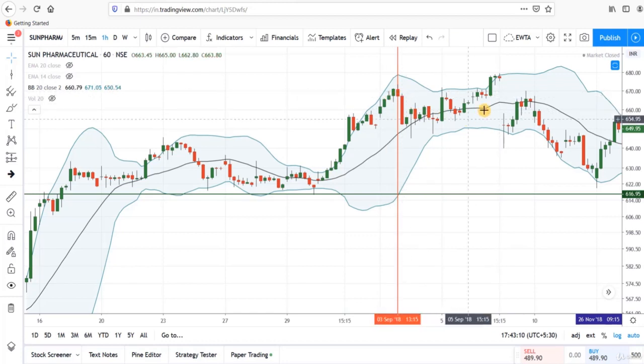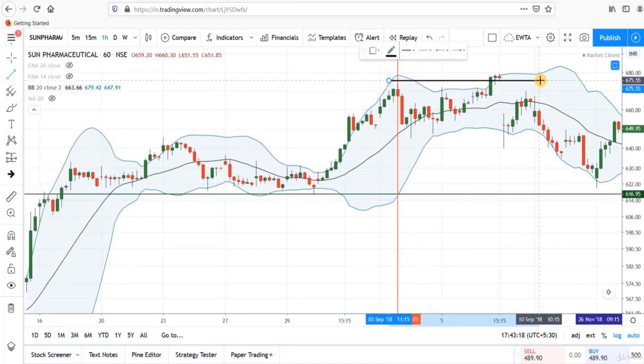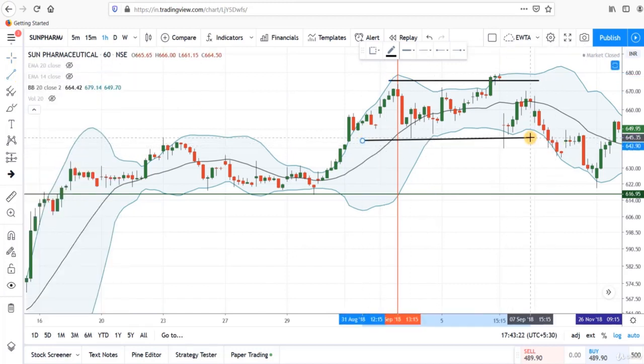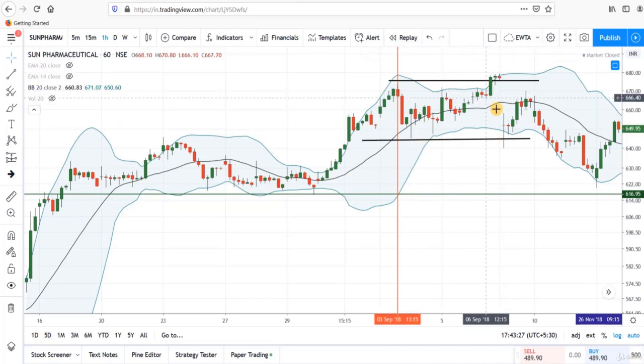So from this point to this point, you can see prices are sideways. If we want to draw support and resistance lines, you can see prices are moving between these two lines. And they are sideways. So we shouldn't trade the stock if prices are moving in this range.